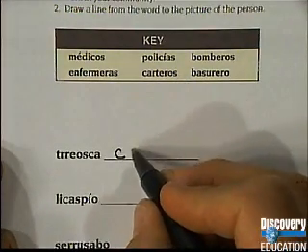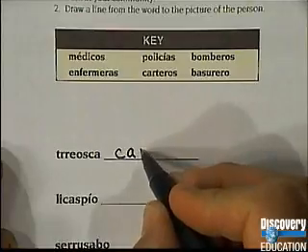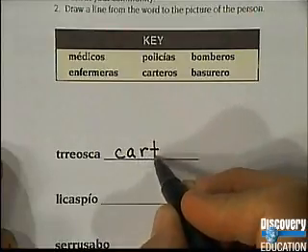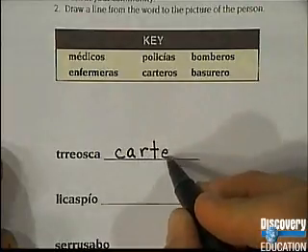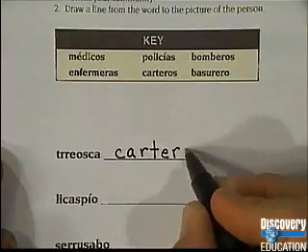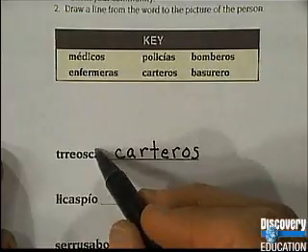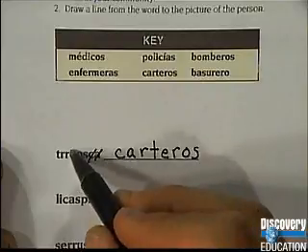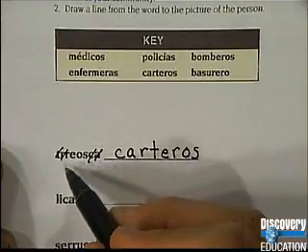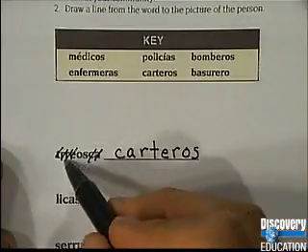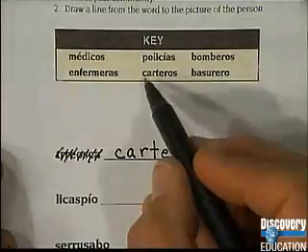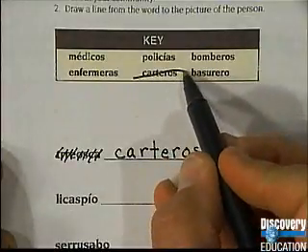C-A-R-T-E-R-O-S. That's it. So I'm going to put a line through that.